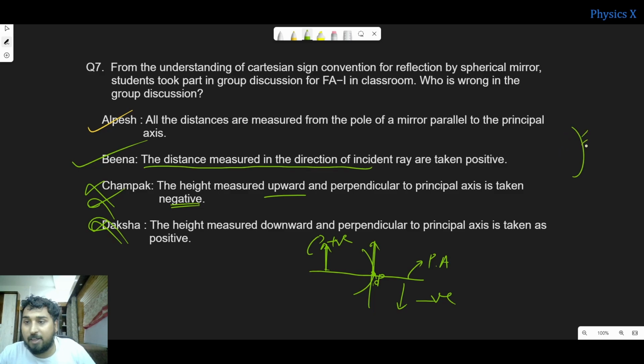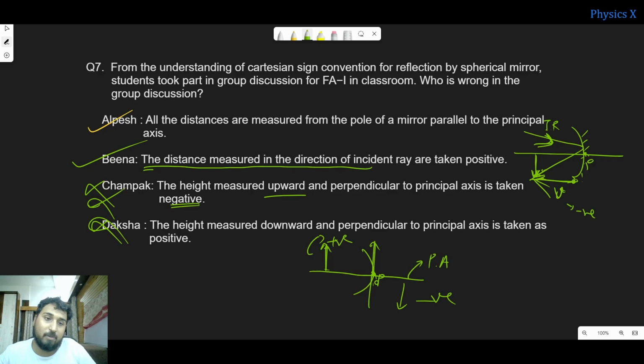Suppose this is your principal axis and this is your pole and this is the incident ray. If it was forming a real image, somewhere here the image would have been formed, right? Now if we take V, we will take it as negative. Why? Because we are measuring V from here to here and it is against the direction of the incident ray.